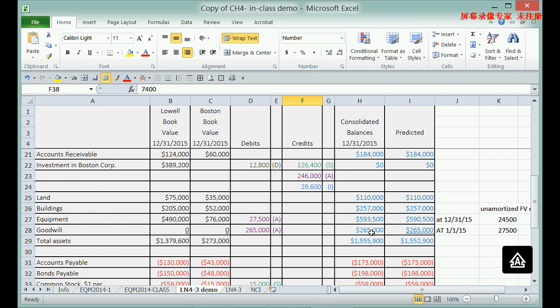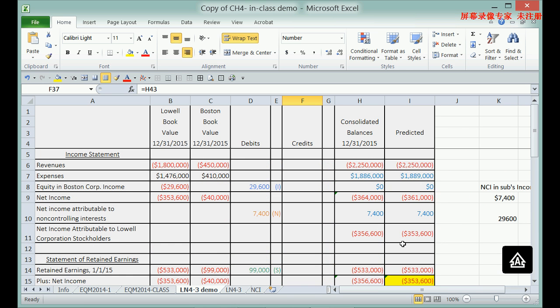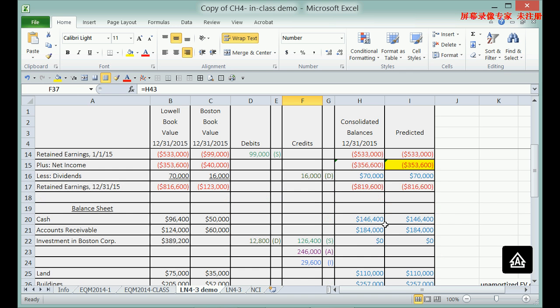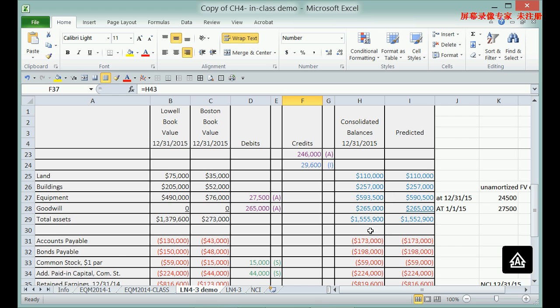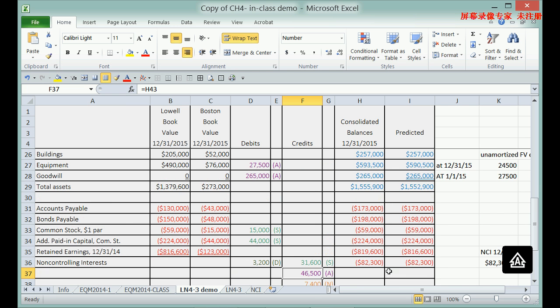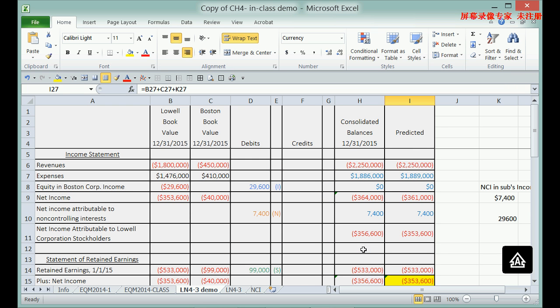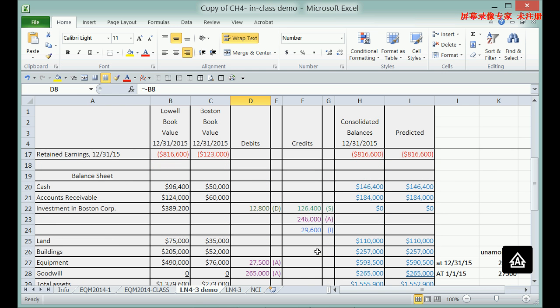Okay, now it seems that my answers are correct because I revised my A entry. Now I just want to check these numbers between the two columns to make sure my mechanical numbers are the same as my predicted numbers. Okay. Now I look at the numbers, I realize my equipment is not the same, so I realize that I forgot to put my E entries in, so I need to add my E entries by the 3,000 and then credit the equipment by 3,000.